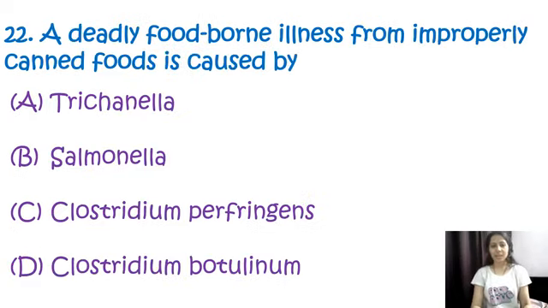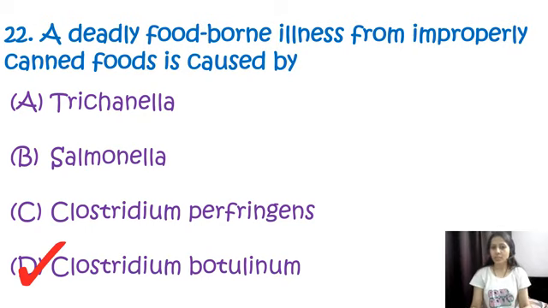Question number 22. A deadly foodborne illness from improperly canned food is caused by: Trichinella, Salmonella, Clostridium perfringens, or Clostridium botulinum. So my correct option is D, that is Clostridium botulinum. Just now we read that it is a bacteria that can produce potent neurotoxins under anaerobic conditions, that is, under low oxygen conditions, such as in improperly canned or preserved foods.